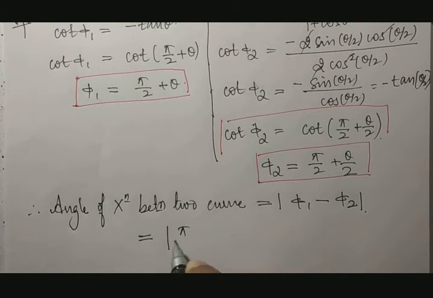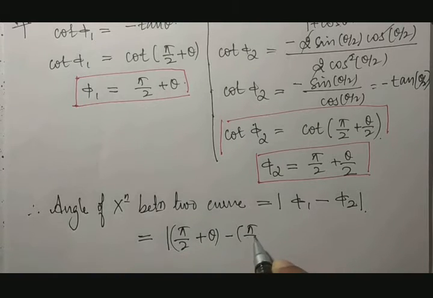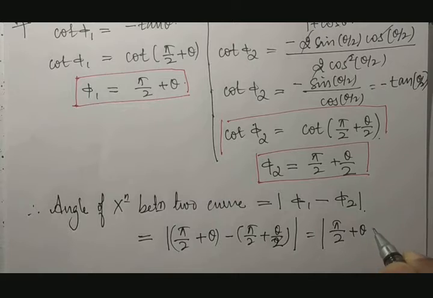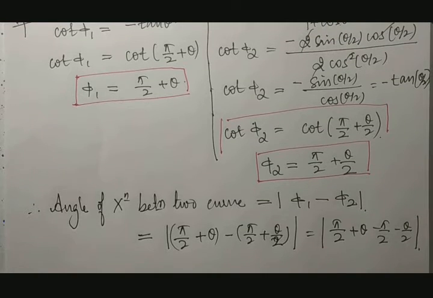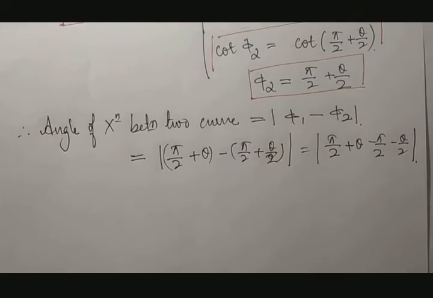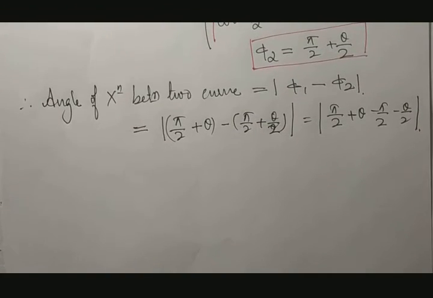What is phi 1? Phi 1 is pi by 2 plus theta, minus phi 2, which is pi by 2 plus theta by 2. Which is nothing but pi by 2 plus theta, then minus pi by 2 minus theta by 2. So let us see what it is now.